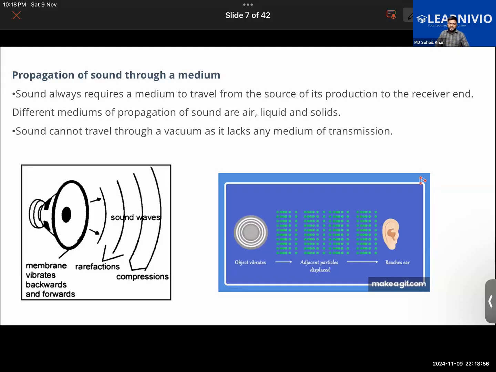Waves have different meanings in geography and in physics. In physics, a wave is a disturbance in a medium that carries energy from one place to another.